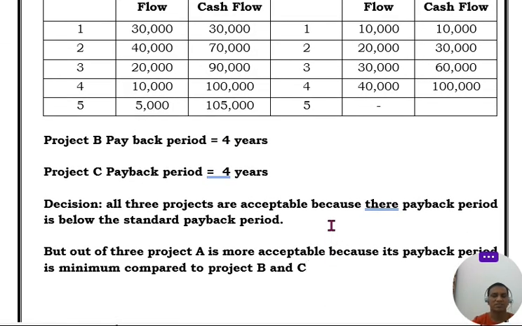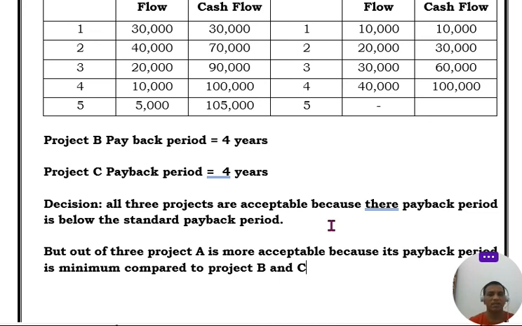So at a glance, in simple terms, payback period is in how many years you get your cost of investment back in the form of cash flows. Here we solved when the cash flows are uniform and non-uniform. When the cash flows are uniform, the simple formula is initial investment divided by annual cash flow. When the cash flows are non-uniform, we have to prepare a table with the cumulative cash flow column, and in the cumulative column you have to identify exactly how many years it takes to recover the cost of the project.